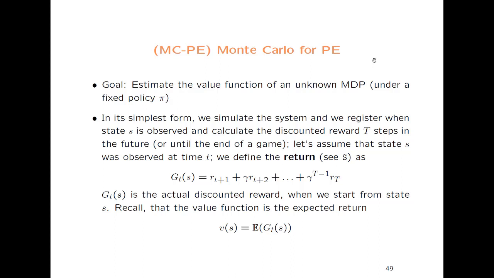So we multiply by gamma and then gamma to the power of t minus 1. And the expected value of that, of course, is the value function. So the expected return is the same as what we called value function before.